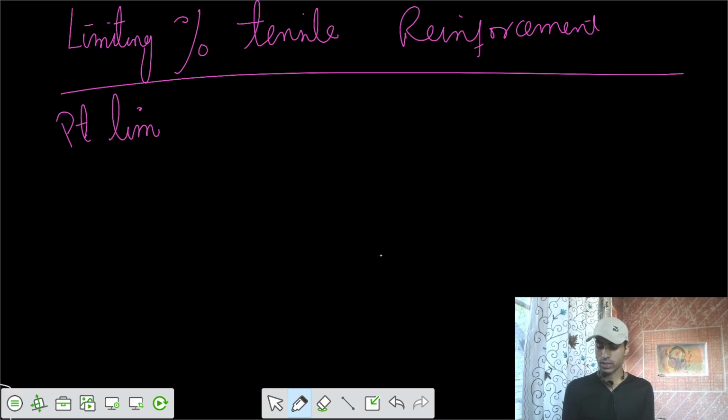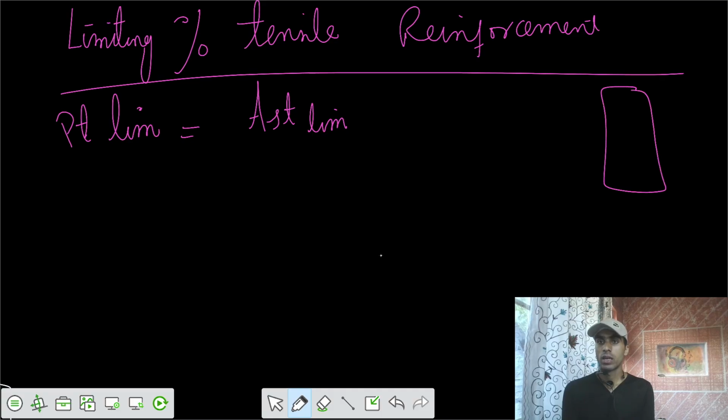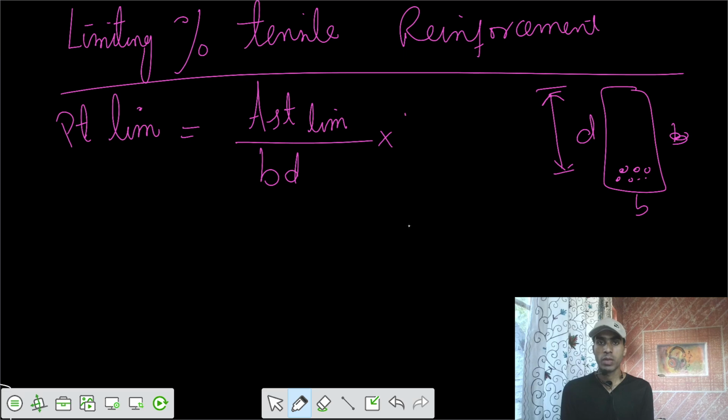It tells how much AST we are providing. AST limiting means the area of steel. You have this cross section. What is the total area of steel out of the total cross section area of BD? We have this B and this effective depth. We are talking in terms of effective depth, not total depth.